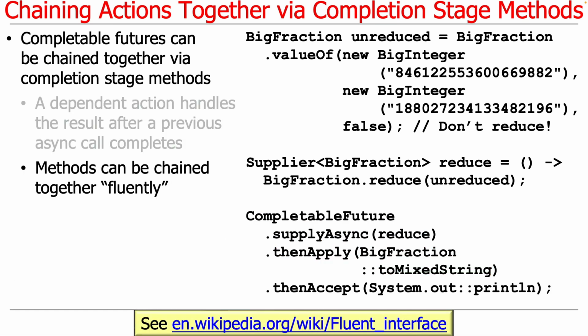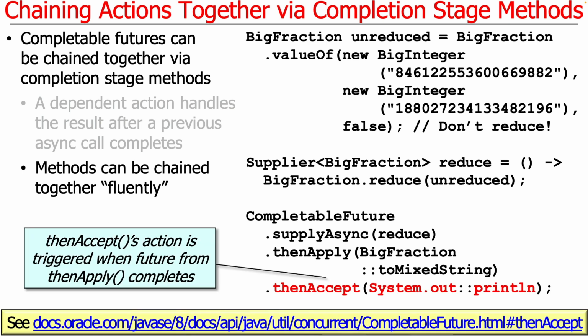The other thing you can do with CompletableFutures, and as I've already said, but this is just taking it one step further, is chain them all together in a nice fluent way. So here you can see we're going to chain them using the Fluent Interface pattern. You've already been exposed to this many times now with Java sequential and parallel streams. After this big fraction is reduced and converted to a mixed string, the thenAccept call will be invoked.